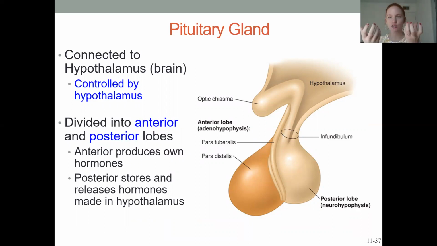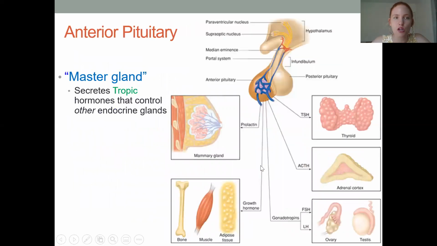So you really kind of need to think of them as sort of different endocrine glands. You have the anterior lobe and then the posterior lobe. The anterior lobe is going to secrete tropic hormones, and so sometimes the anterior pituitary is called the master gland because it secretes hormones that go to other endocrine glands and cause them to secrete their own hormones.